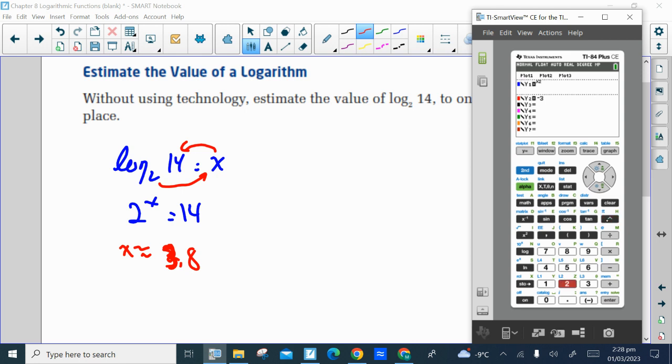Graph 2 to the power x as our first equation, and then y = 14 as our second equation. When we look at our window, our y value needs to be at least 14 so we can see that second line. So let's set it to 15 and maybe a scale of 2 on the y-axis. When you graph it, there's your exponential function. There is the line y = 14. We can find the point of intersection.